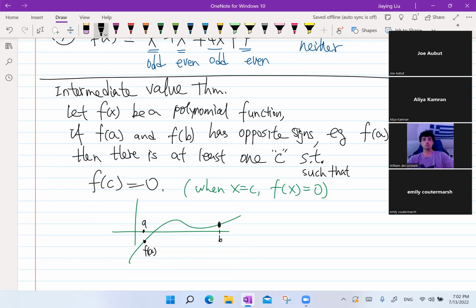And f of b is positive, so they have opposite signs, which means somewhere between a and b, there's at least one c, could be multiple, such that f of c equals 0. So this is where the c is. What that means is that the function must cross the x-axis at least once. That's another way to think about it. So there must be at least one x-intercept between a and b.